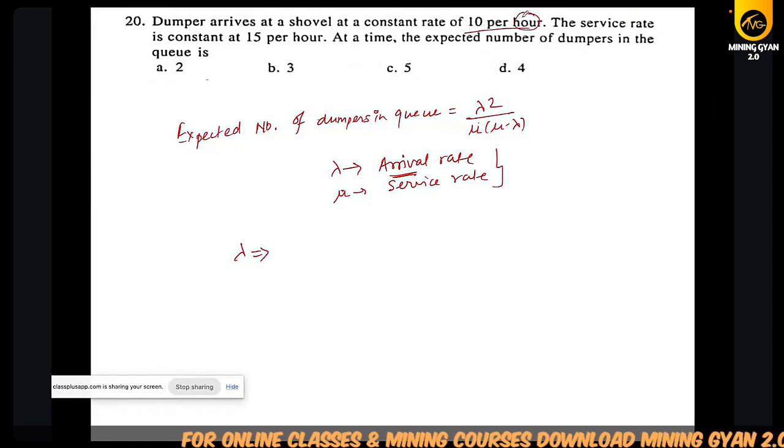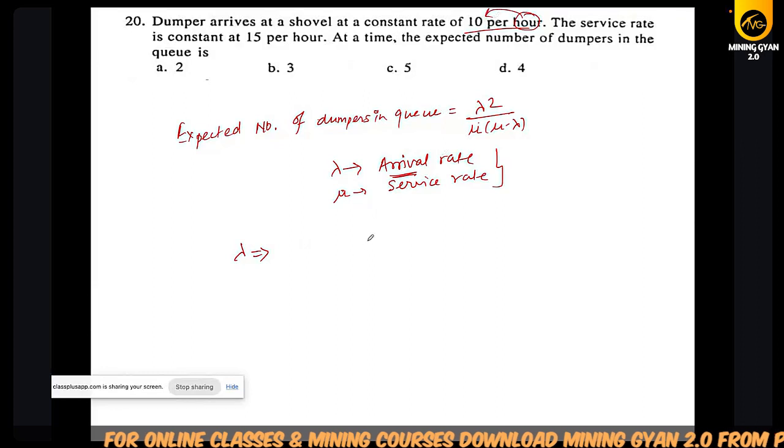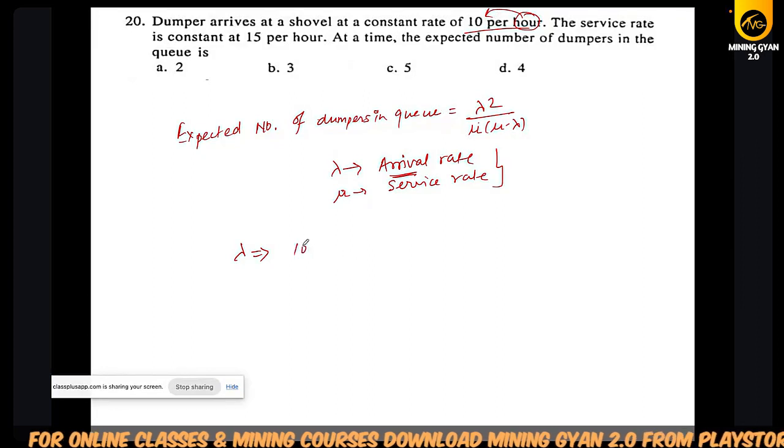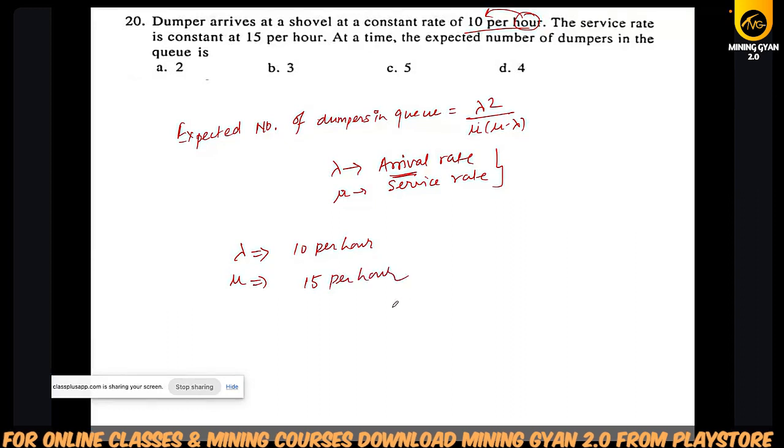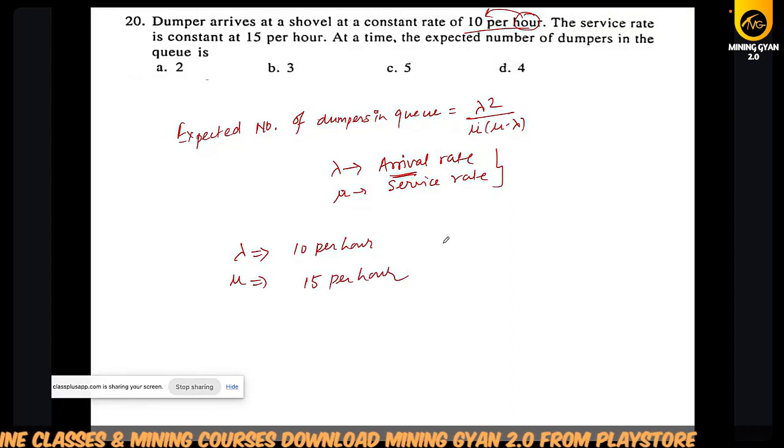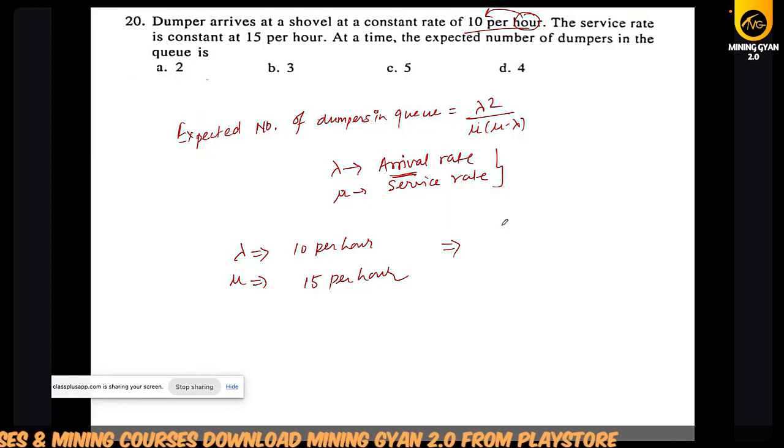We need it in hours, so they have given directly 10 per hour. If they have given it in 20 minutes or 5 minutes, then we have to calculate it for 1 hour, as we discussed yesterday. The service rate they have also given per hour. The question is simple, you just need to do the calculation.